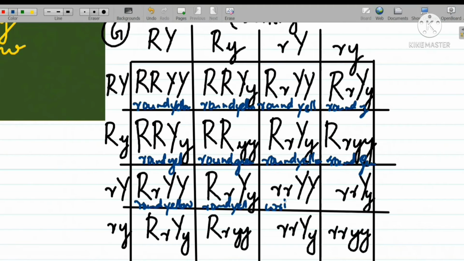This is wrinkled yellow. So there comes a new combination. This new combination has come about because the genes were independently assorting.